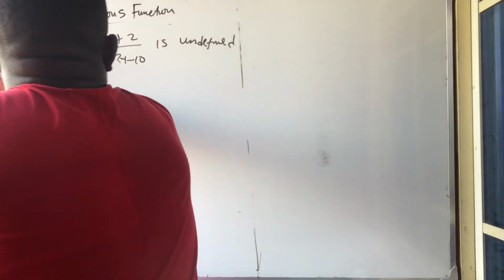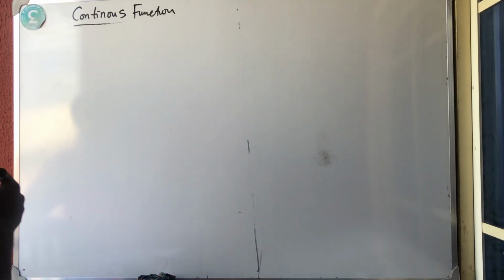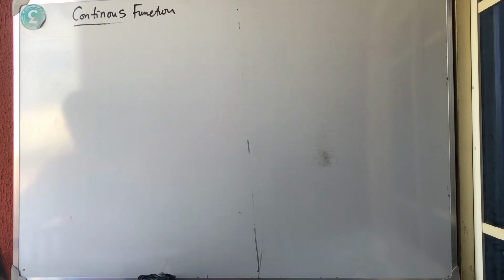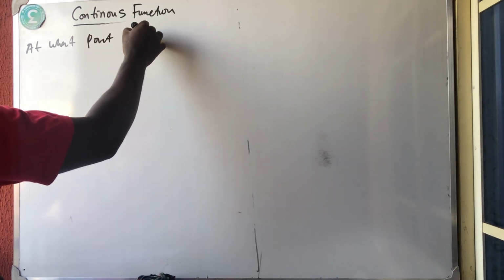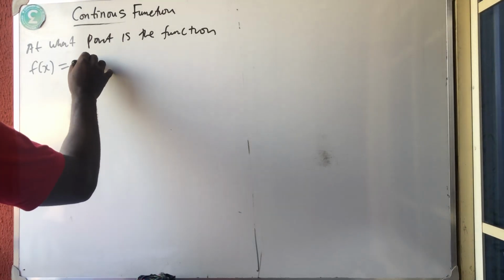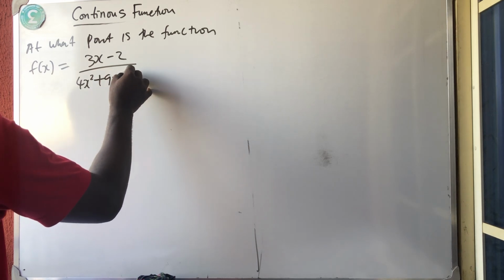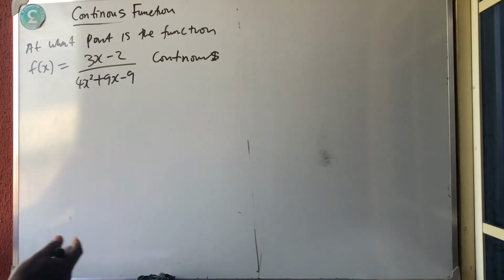The next question said: at what point is the function f of x, which is equal to (3x − 2)/(4x² + 9x − 9), continuous? At what point is it continuous?